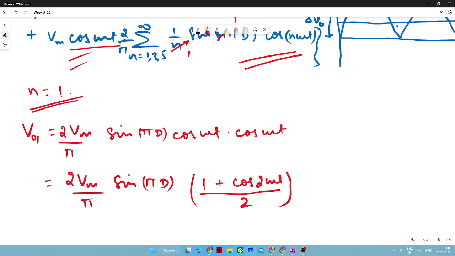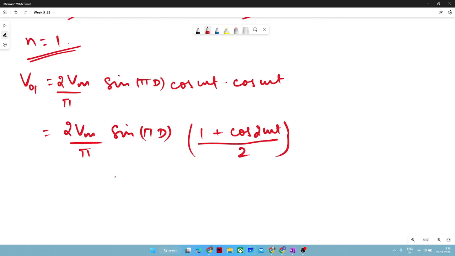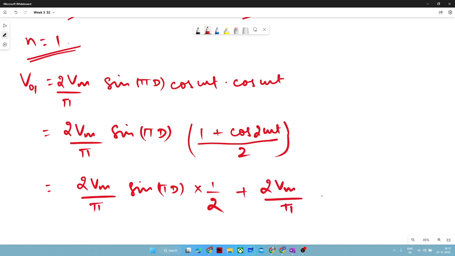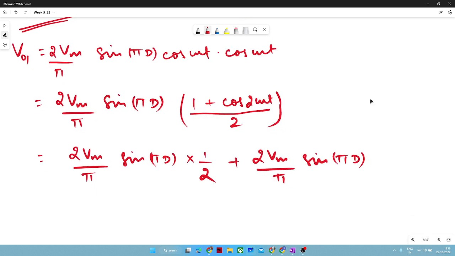And now if you segregate these components, you will get 2 Vm by pi sin pi d into half, plus 2 Vm by pi sin pi d into cos 2 omega t by 2, right? If you are not getting it at any step, please feel free to stop me at any point.